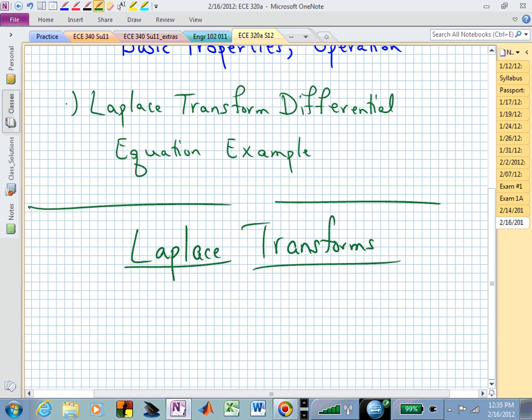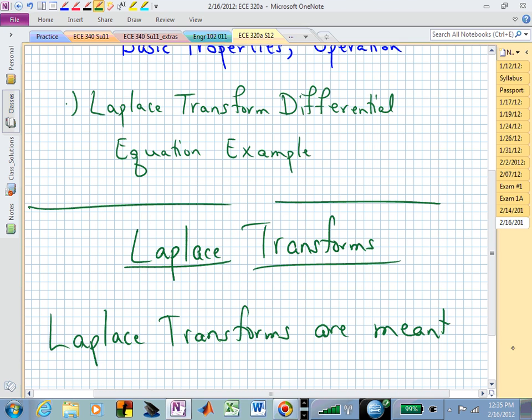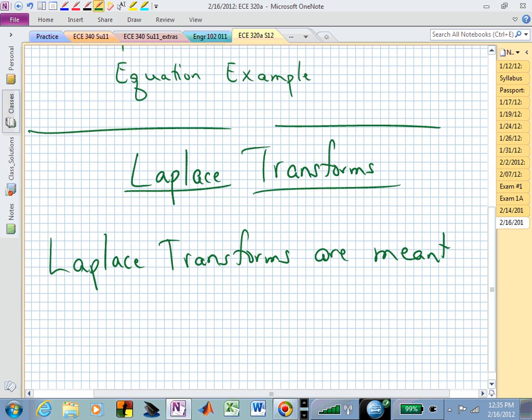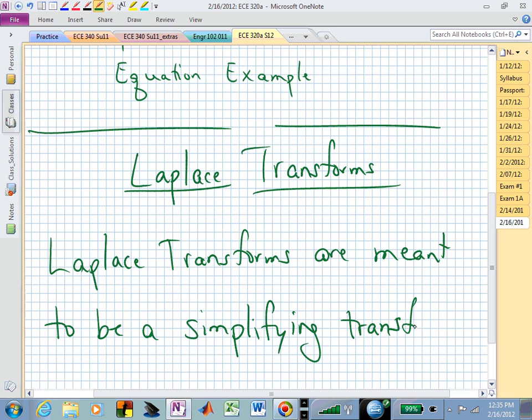So let me just say that Laplace transforms are meant to be a simplifying transformation.